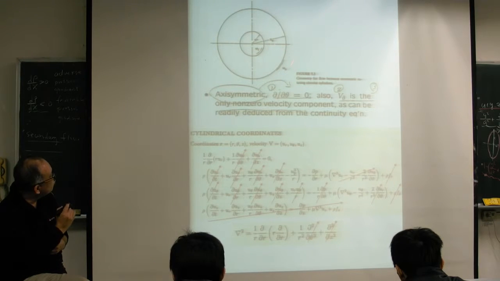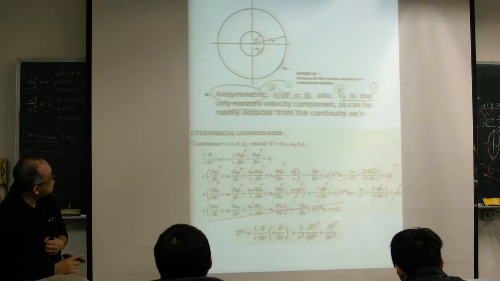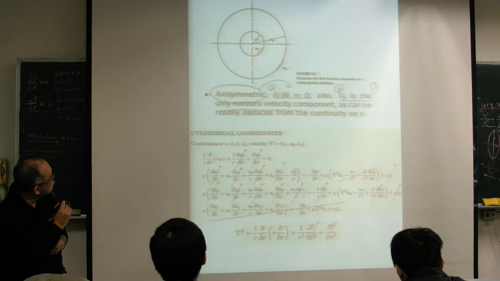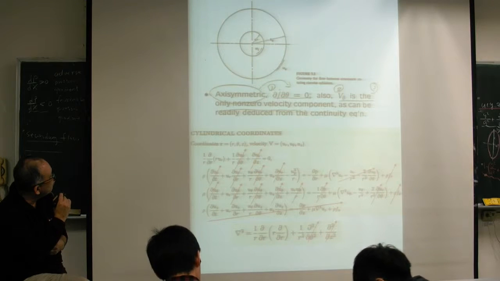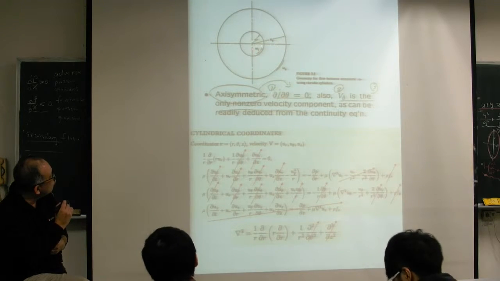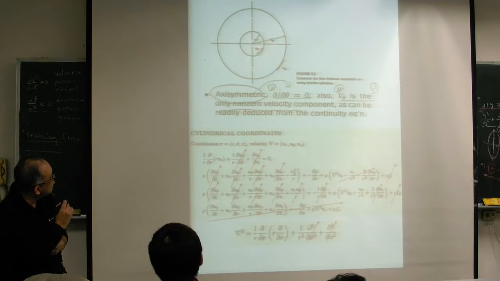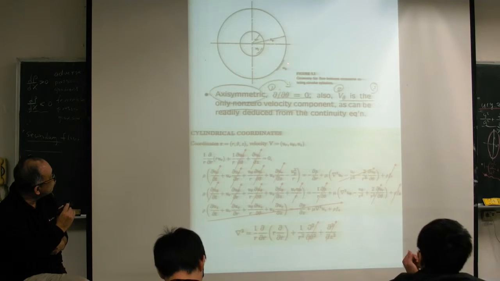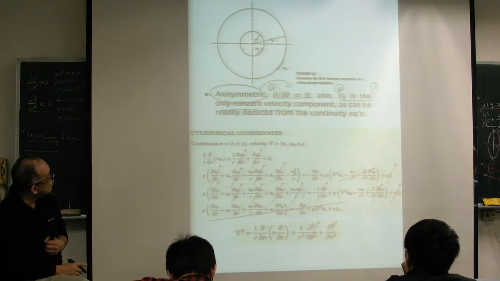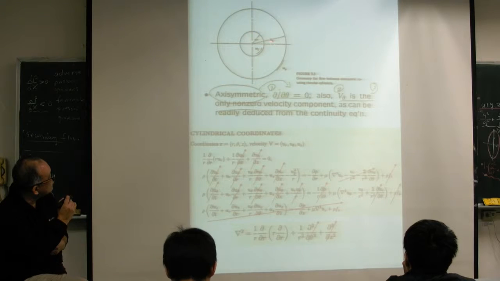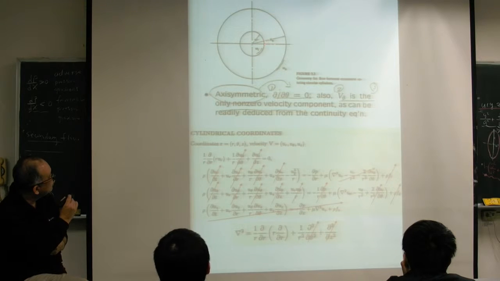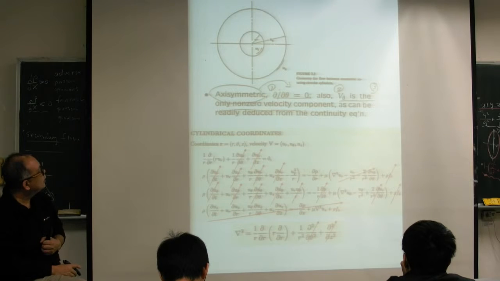So the inner wall has rotational angular velocity omega I, and the outer wall has omega 0. We try to find the velocity profile between the inner wall and outer wall.